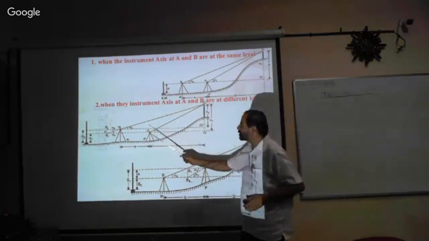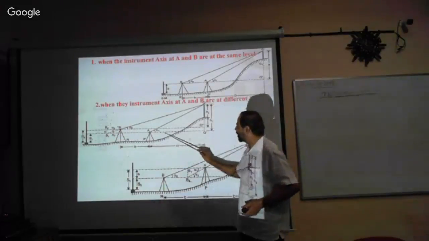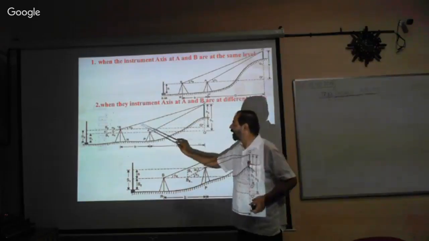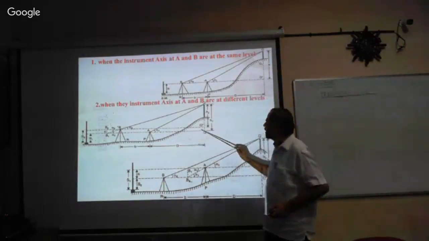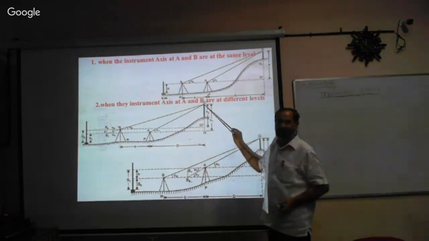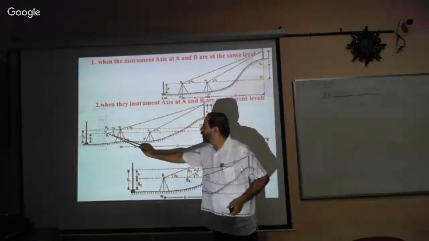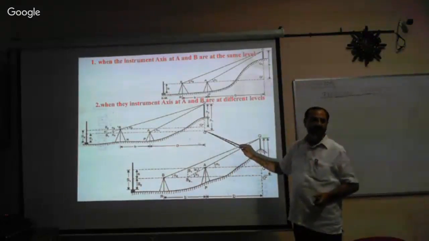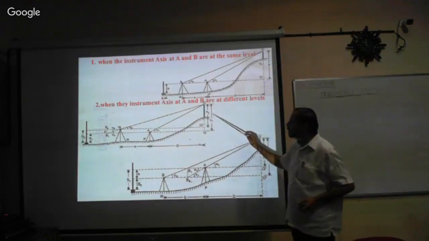Then again we will consider the second triangle, from here to here. Don't consider this triangle, consider this triangle, that is Q, V1 and Q dash. The second triangle. Now in the second triangle, H1 is equal to how much?